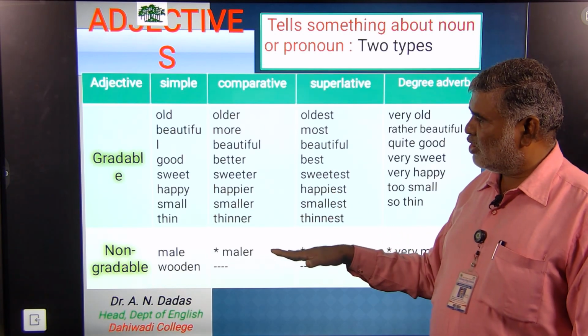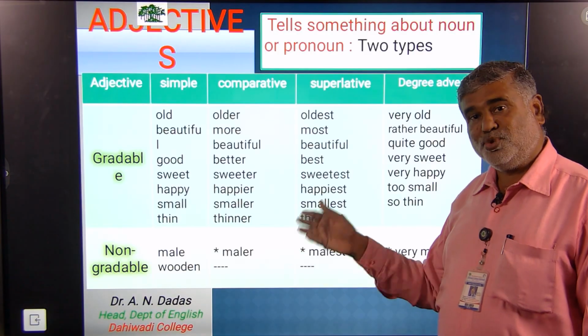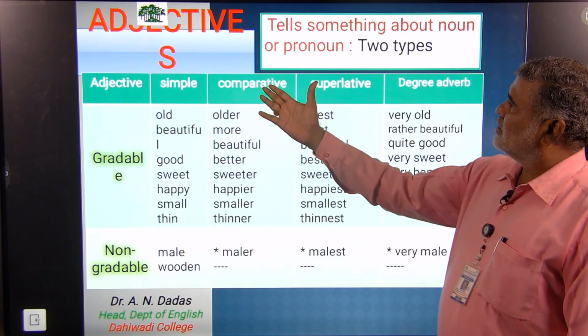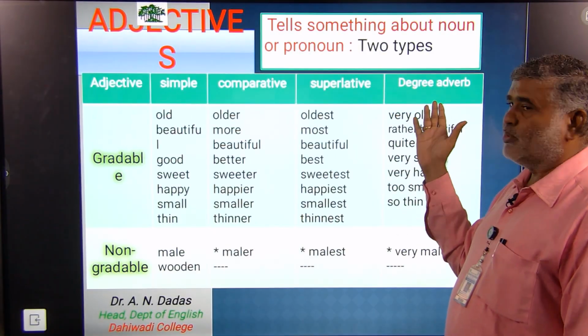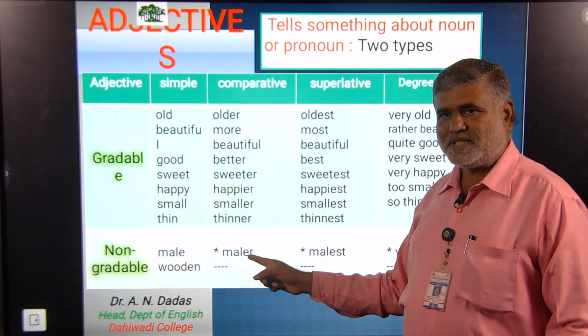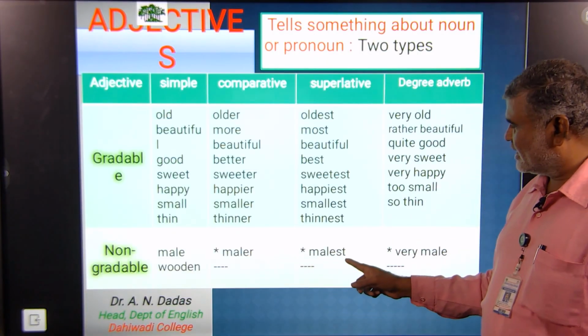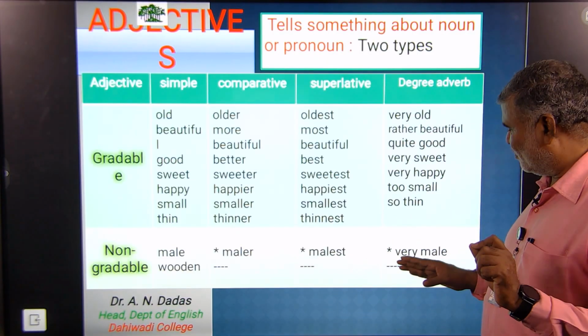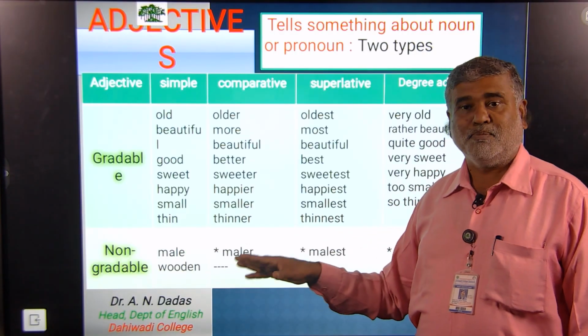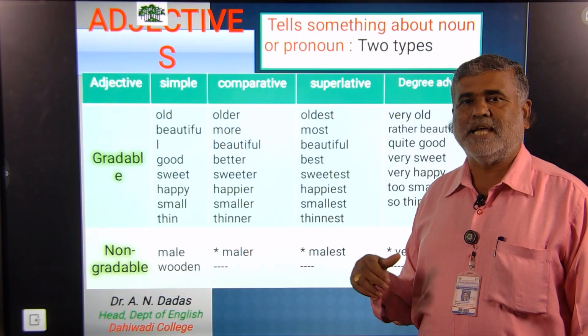Now when we think about non-gradable, the words are used as adjectives, but they don't have comparative, superlative and adverb forms. For example, male, we can't say maler, we can't say malest, and even we can't say very male, because the word male is both noun as well as adjective.